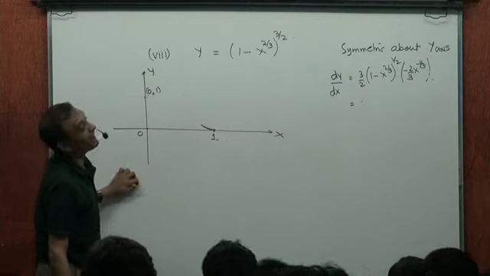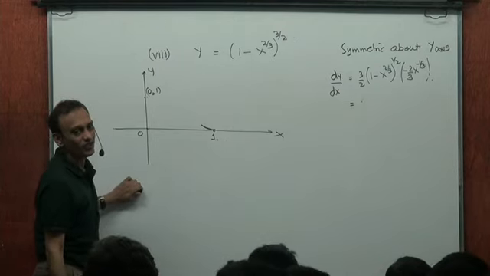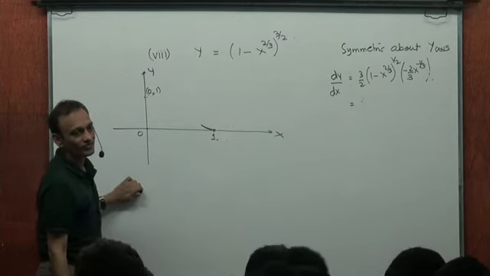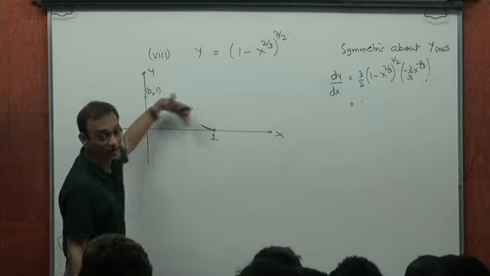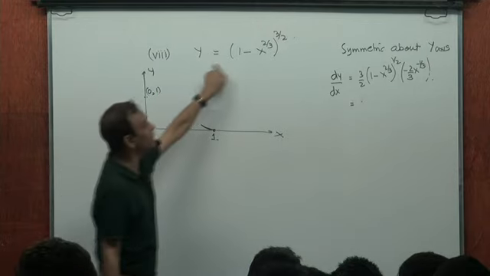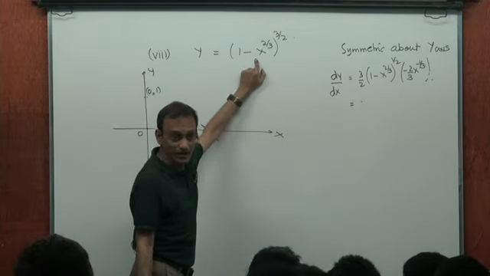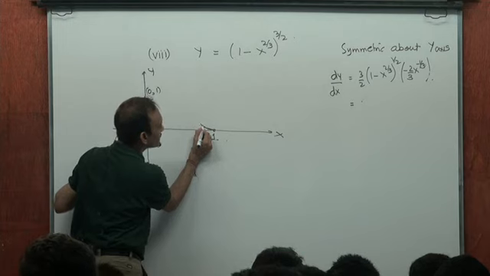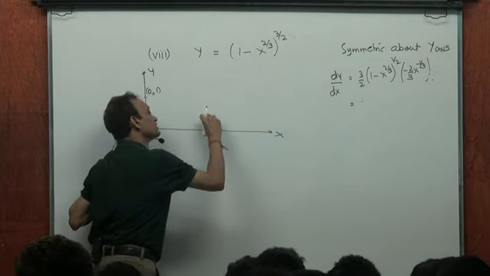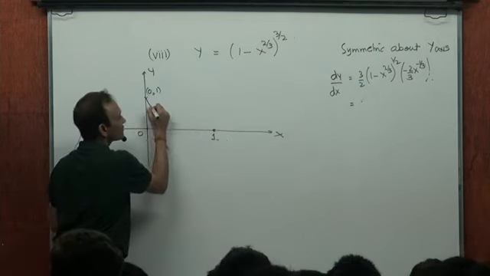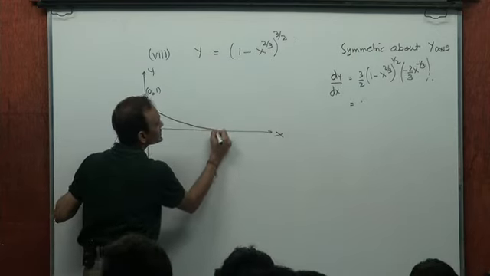And that's the only value of x where dy dx is becoming 0. And y is always positive for x lying in the interval 0 to 1. So you would expect something like this here, and in line with this, something like this between 0 and 1.